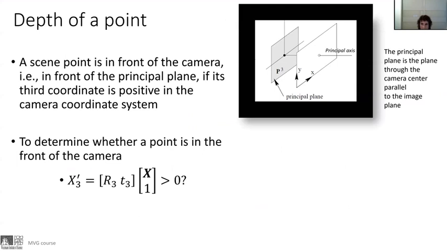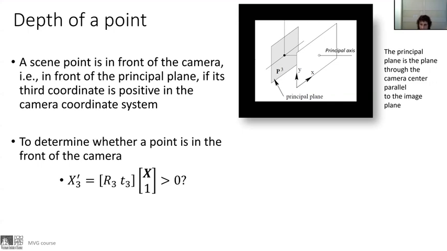Now I would like to speak about the depth of a point. It means that I would like to say what is important to understand. When you have many cameras and you have some 3D structure, you don't see all the points, okay?